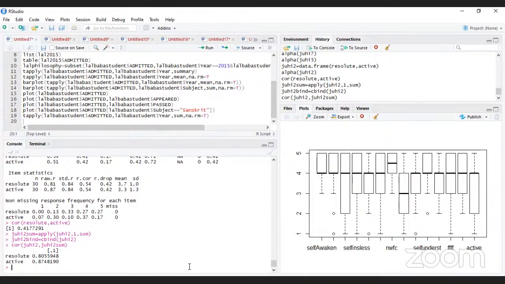Okay. That is 0.8 and 0.87. So this is all about the story.